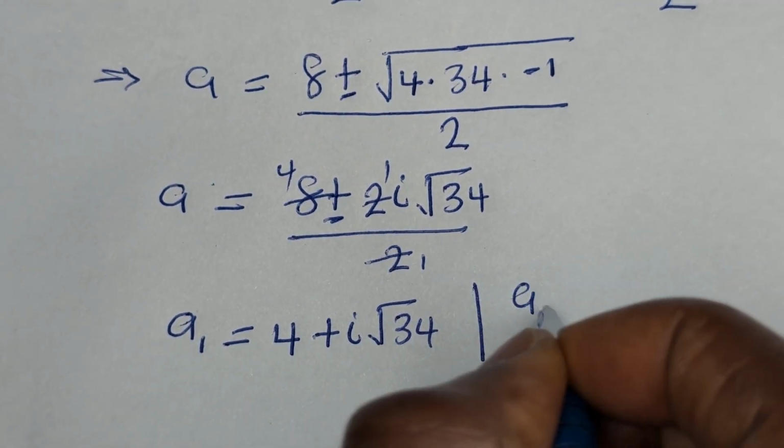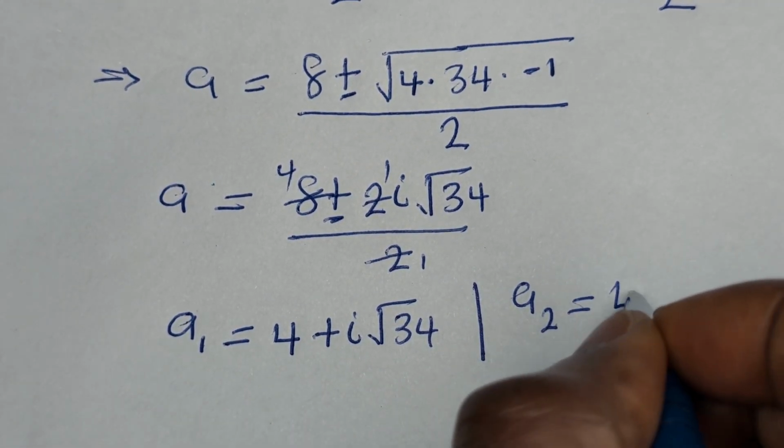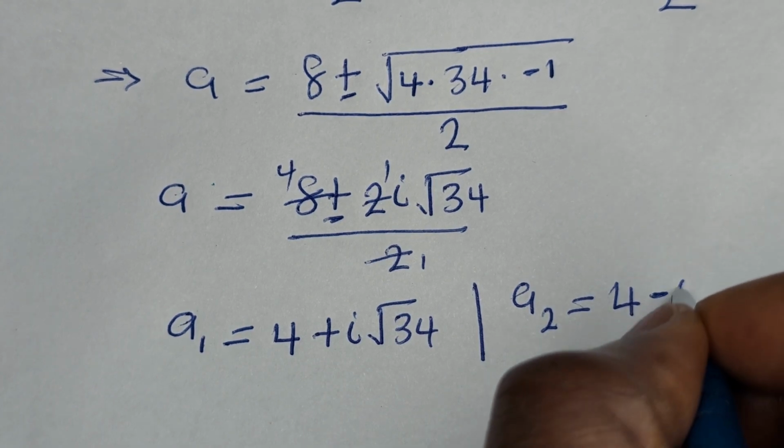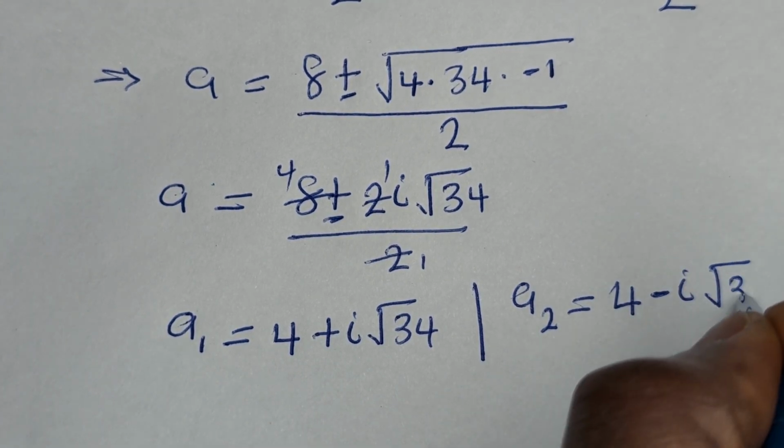And a2 is equal to 4 minus i square root of 34.